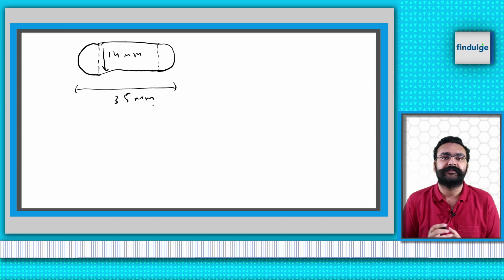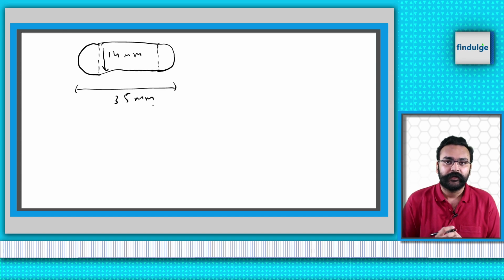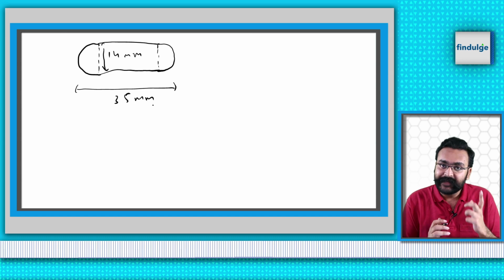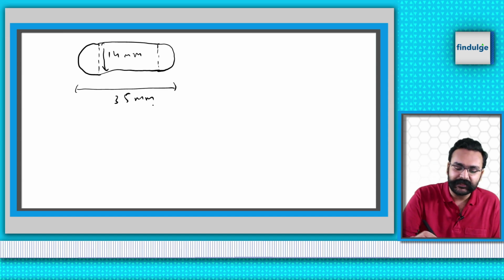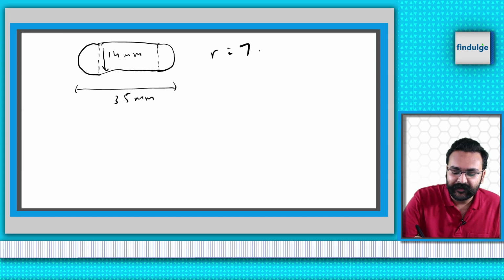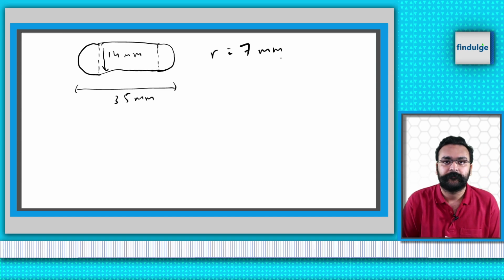And so we have to find the surface area and the volume. So now we will analyze this figure. If the diameter of the cylinder is 14, that means the diameter of the hemisphere is also 14, which means the radius in both cases is 7 millimeters.